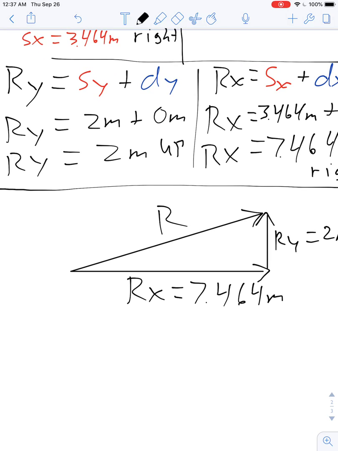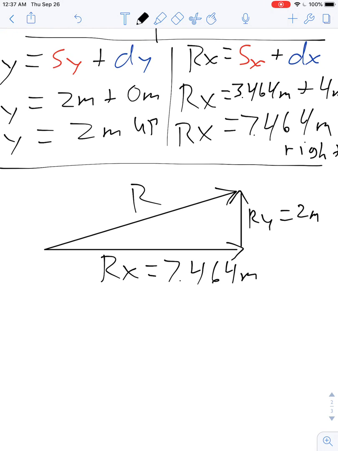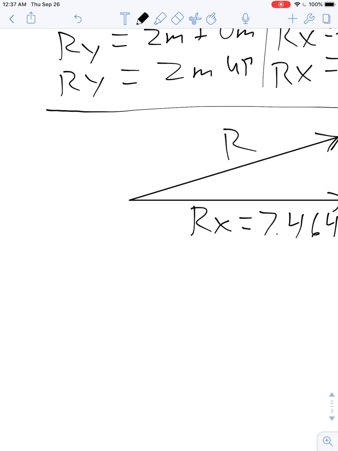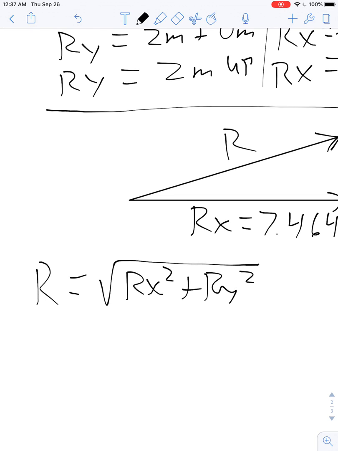Okay, so I'm going to go ahead and compute the magnitude of the resultant R here using the Pythagorean theorem, which for this case is just the square root of Rx squared plus Ry squared. This comes from a squared plus b squared is equal to c squared, where I would take the square root of my answer to get c, but I'm not talking about c, I'm talking about this resultant R here. Okay, so sub in numbers.